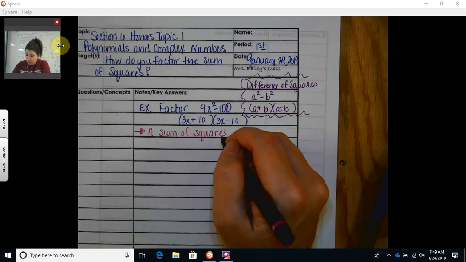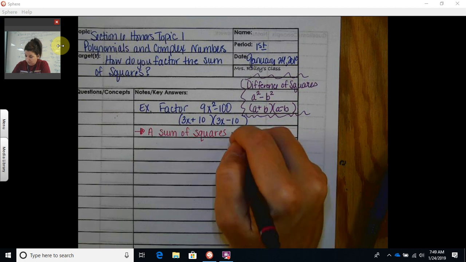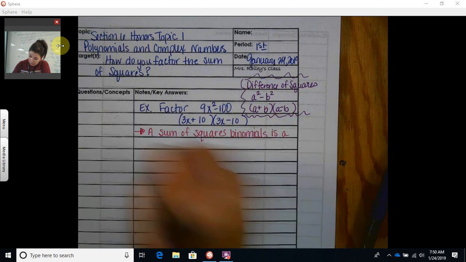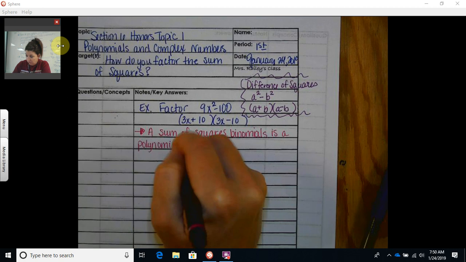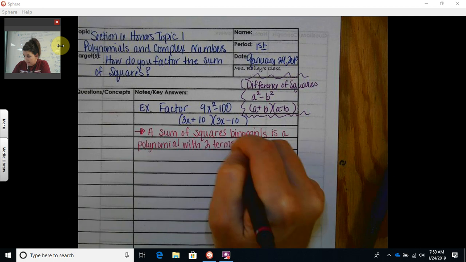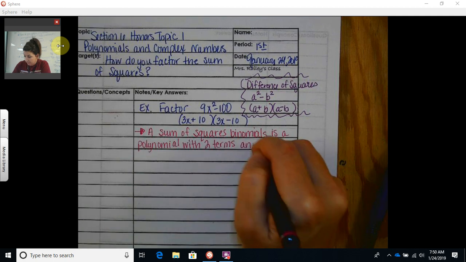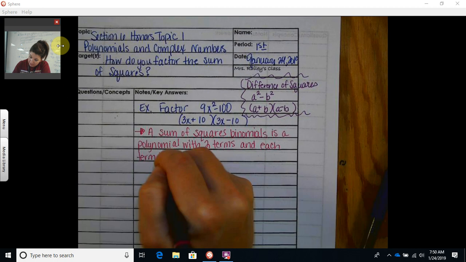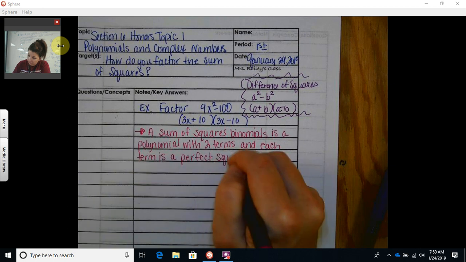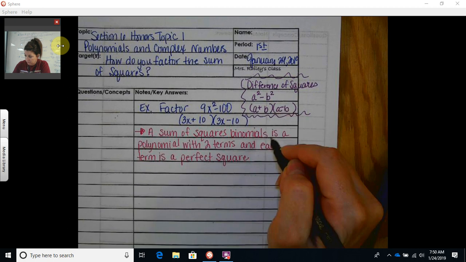I should have said a sum of square binomials is a polynomial with two terms, and each term is a perfect square. Well, maybe it should say a sum of squares binomial. Just sounds weird either way, I think.